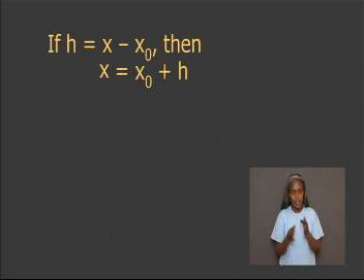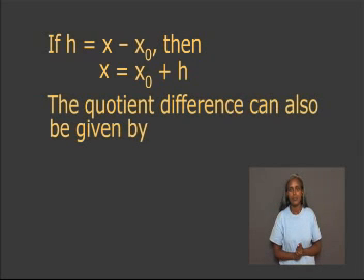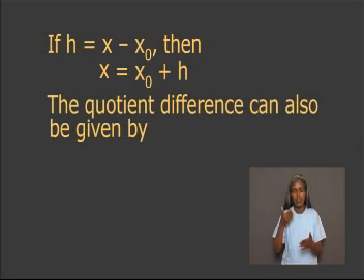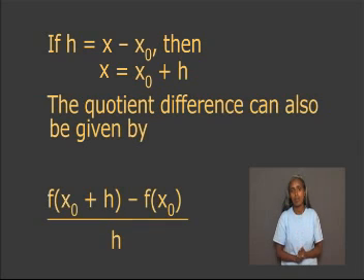If h equals x minus x naught, then x equals x naught plus h. The quotient difference can also be given by the following formula: (f at (x naught plus h) minus f at x naught) all divided by h.